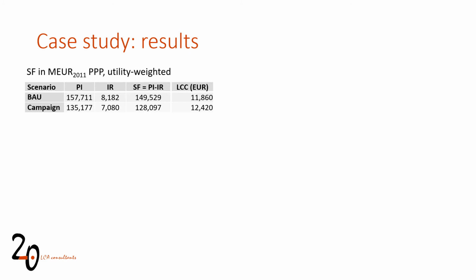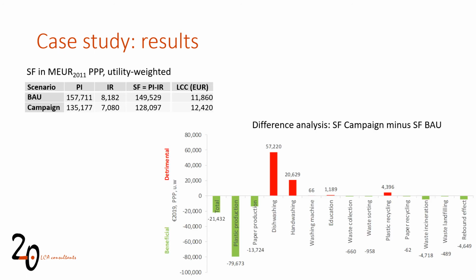This is taken into account in the study as a rebound effect, which means there is a little less disposable income in the pockets of the citizens in the campaign scenario, and this means they can consume fewer products and services.